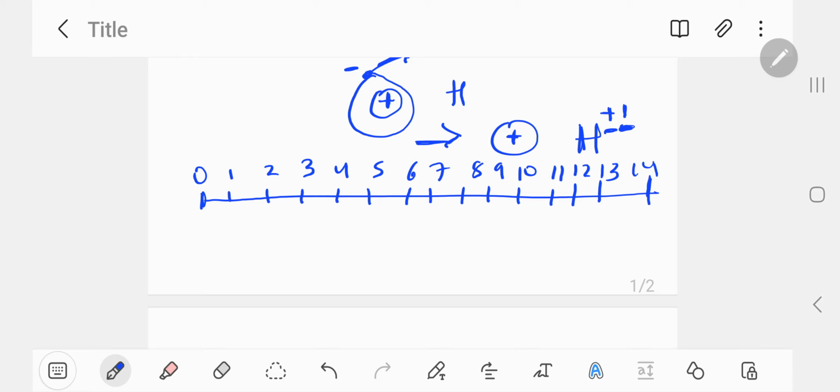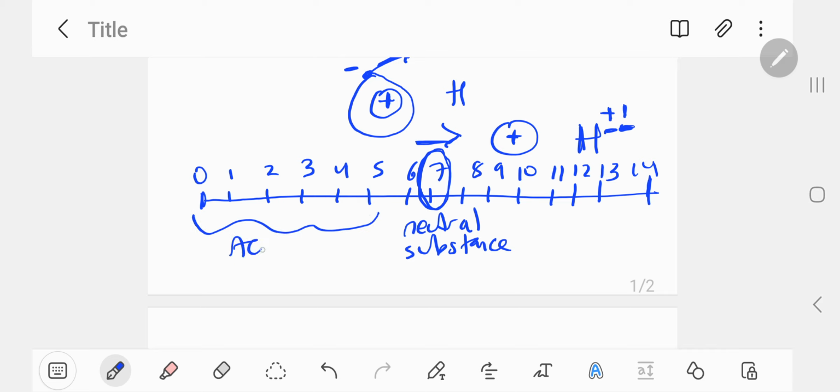I'm a bit sloppy and lazy in this case, didn't do that. A pH of 7, so 7's in the middle of 0 and 14, that corresponds to a neutral substance. Okay, it's neither acidic, so acids have a pH from 0 all the way to 6. Bases from 8 to 14.